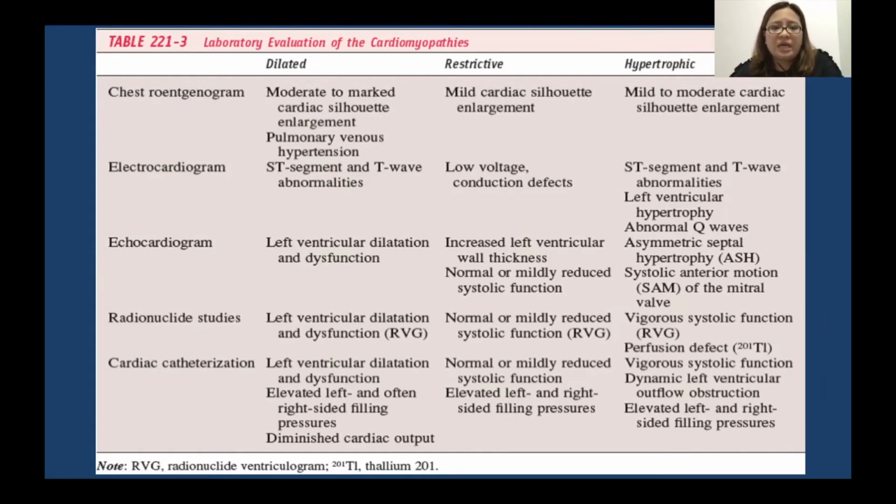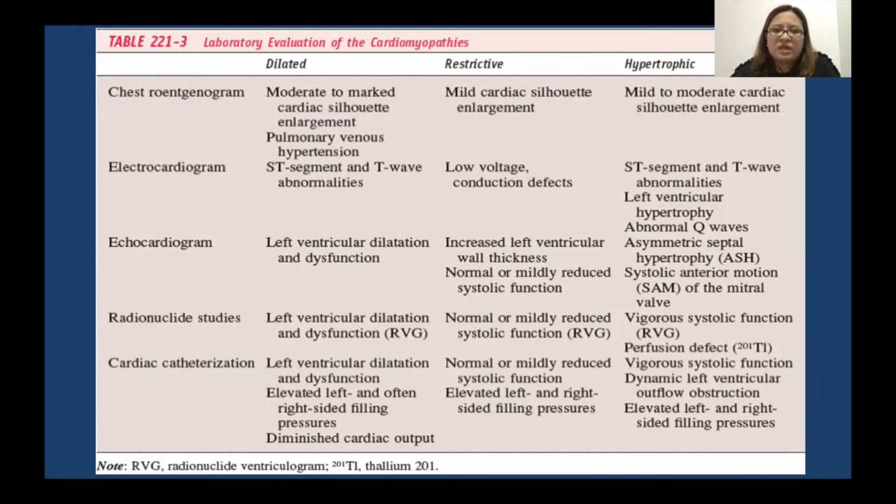Into the echo, again, what you will see is a dilated left ventricle with systolic dysfunction in DCMP, while on restrictive cardiomyopathy, there is an increased left ventricular wall thickness and a normal or mildly reduced systolic function. For hypertrophic cardiomyopathy, you will be able to see an asymmetric septal hypertrophy or ASH and SAM or the systolic anterior motion of the mitral valve.